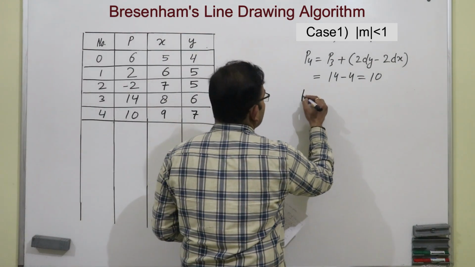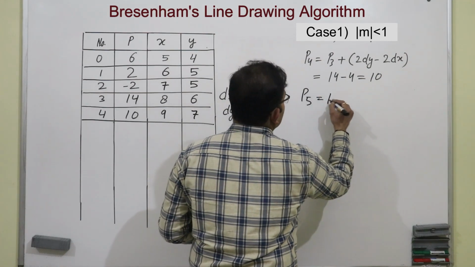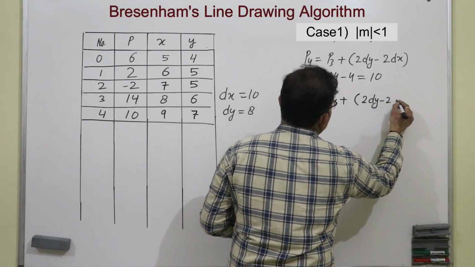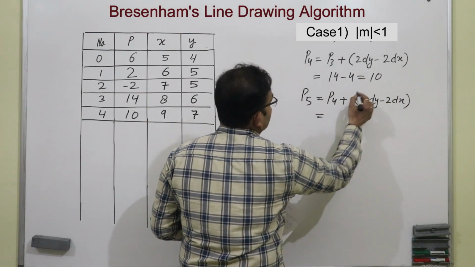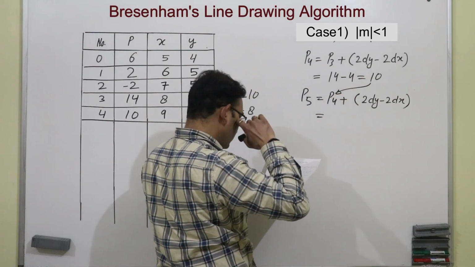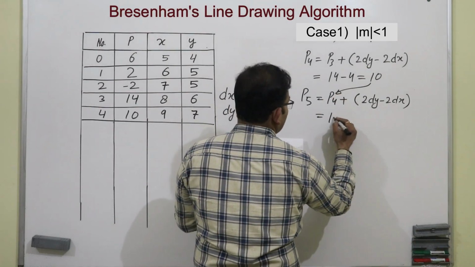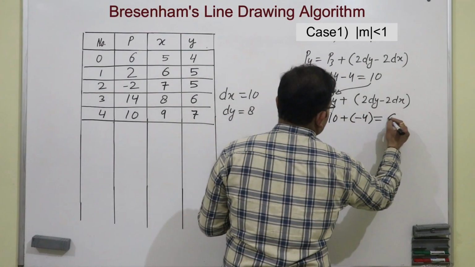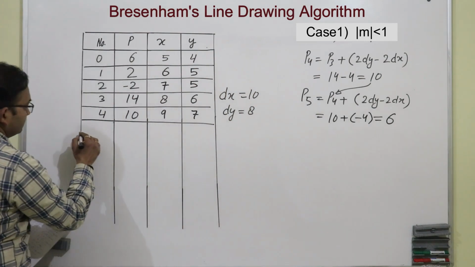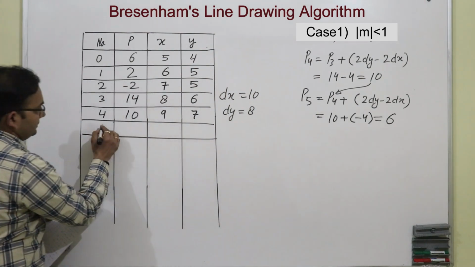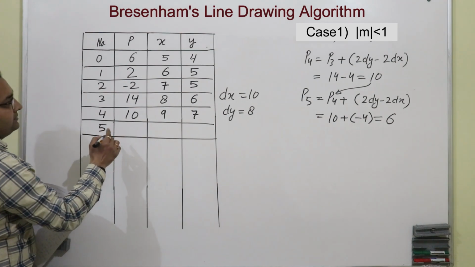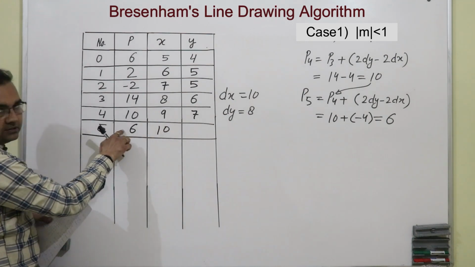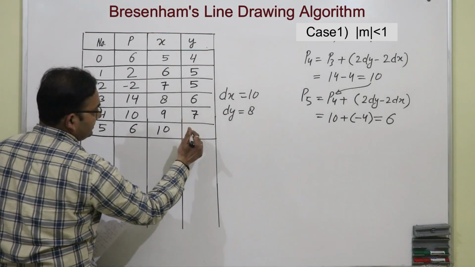Then P5 equals P4 plus 2dy minus 2dx. So P4 is 10 plus minus 4, it will be 6. So for 5, the P5 value is 6, x will be 10, it is positive. So there will be an increment in y, it will be 8.